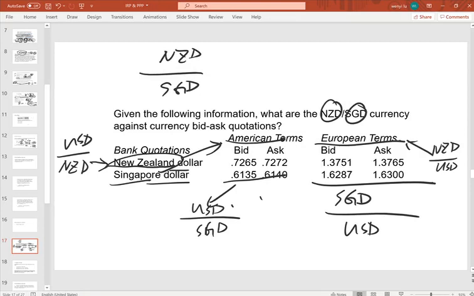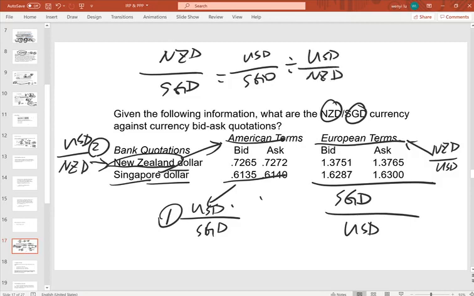First one, you can see here, we will use the first quote divided by the second. Divided by 2, in such way will be US dollars over Singapore dollars, divided by US dollars to the New Zealand dollars.